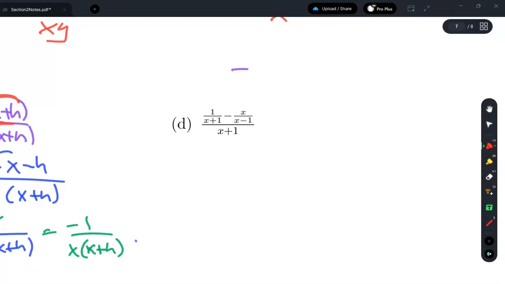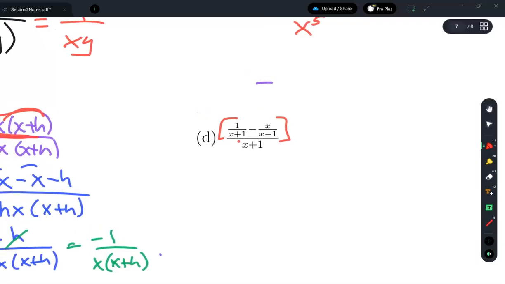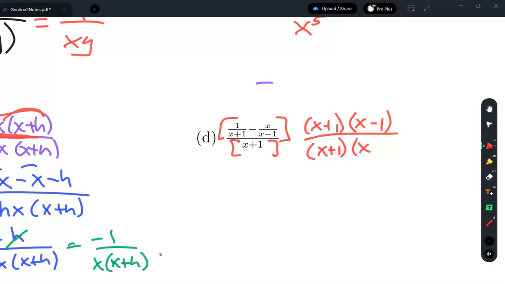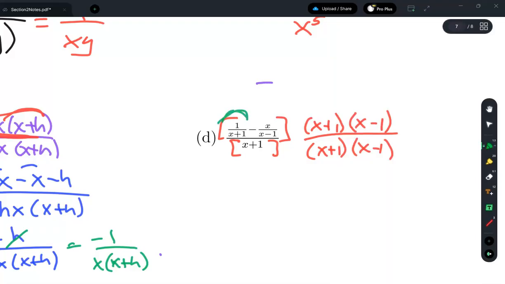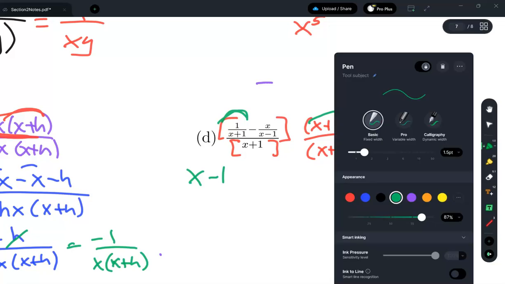All right, last one here. I'm going to multiply by the least common denominator, and I see that it's going to be x plus 1 times x minus 1. And remember, you have to do numerator and denominator. So if I multiply this term times those two, the x plus 1's cancel, so I get x minus 1.